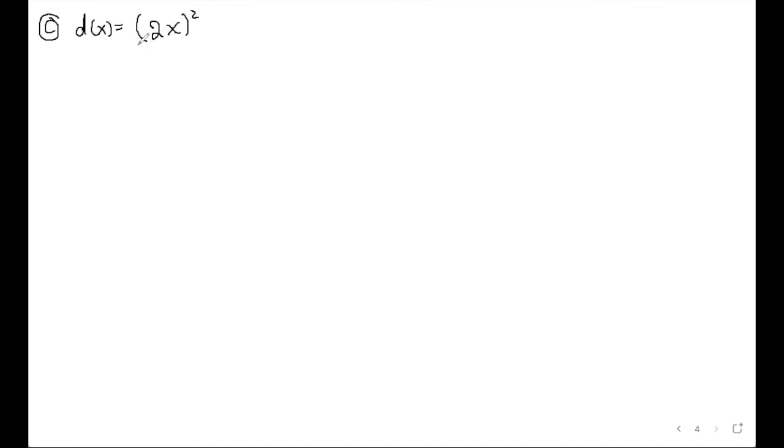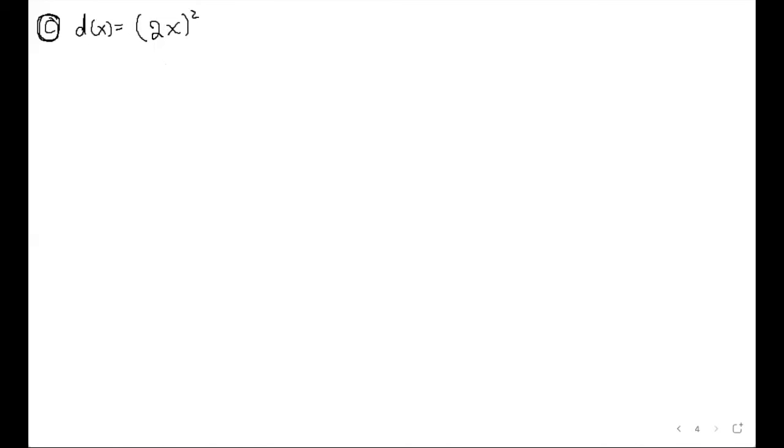Who will give me the idea how we can graph this function? I need the idea how to graph this function, C. It's going to be like x squared, but shrunk horizontally. This is true, it's like x squared, but we have to know if the number is inside or outside.